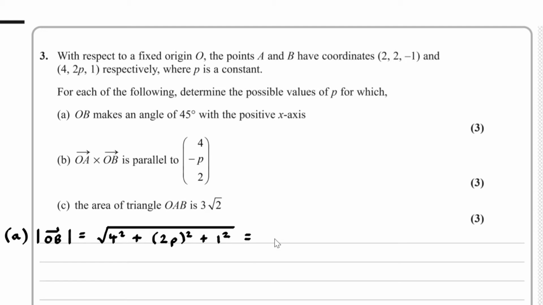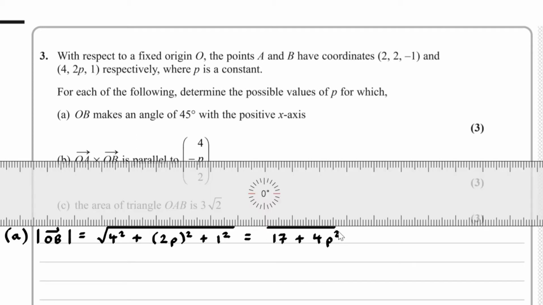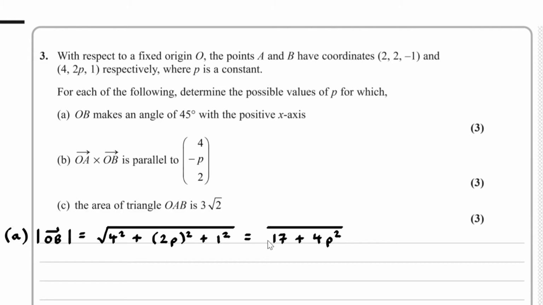So what we end up with is 17 plus 4p squared, square rooted.